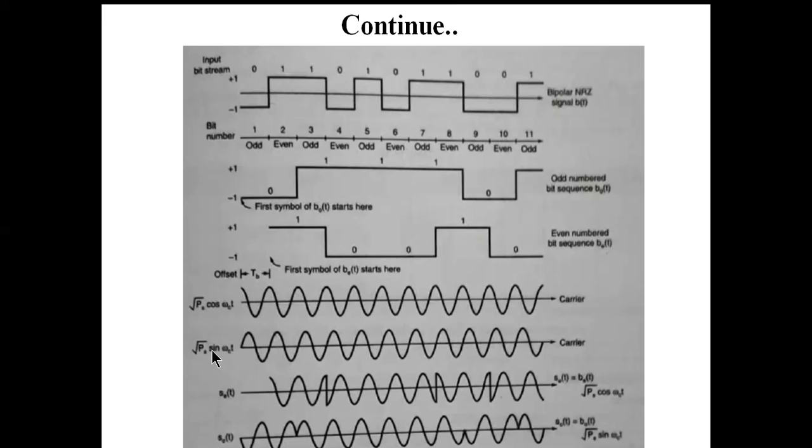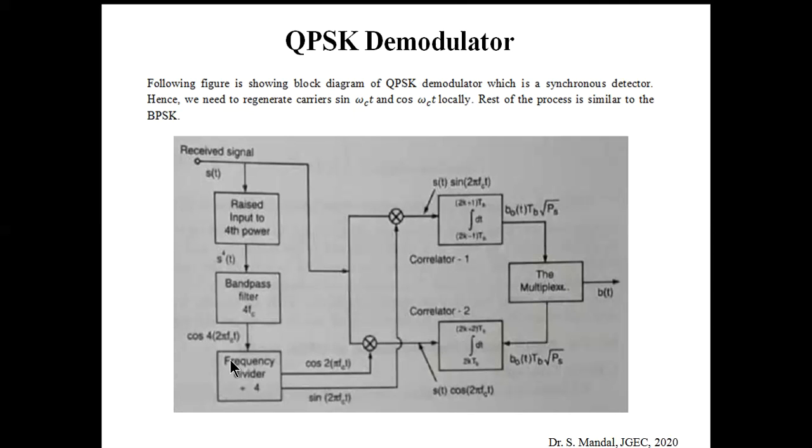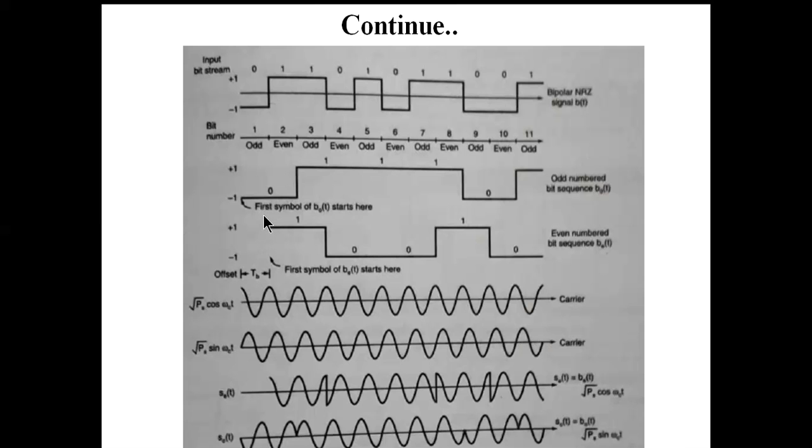If I multiply root Ps sin omega ct to the odd sequence, the first bit is 0, which is given by -1, so obviously there will be a phase shift, or this will be the inverted version. So this portion will be inverted. The next one is 1, so the phase will be inverted like this.